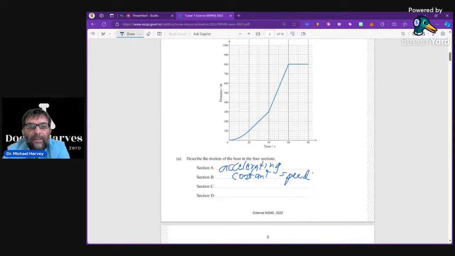For section C, you'll notice it's the same kind of shape. It's going straight up in a linear fashion, so it's also constant speed. It's a higher speed because the gradient is larger, but it's still a constant speed.